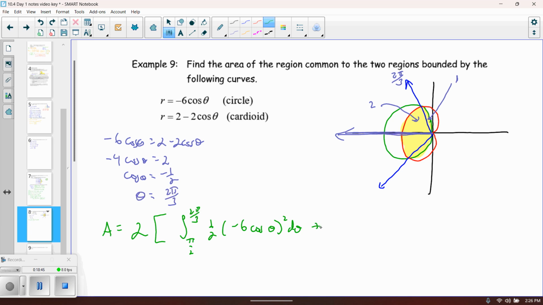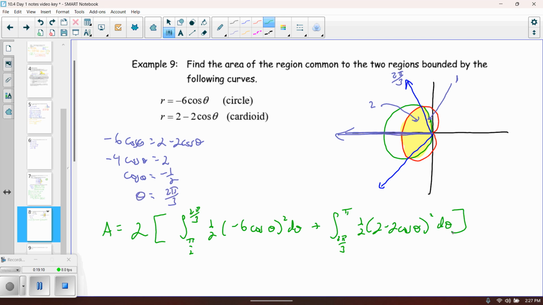And we're going to add that to the area of the second part, or region number 2, which is going to go from 2 pi thirds to pi, and that's going to be 1/2 of the cardioid part, which is 2 minus 2 cosine of theta squared d theta. Okay, so there's the setup of this thing.